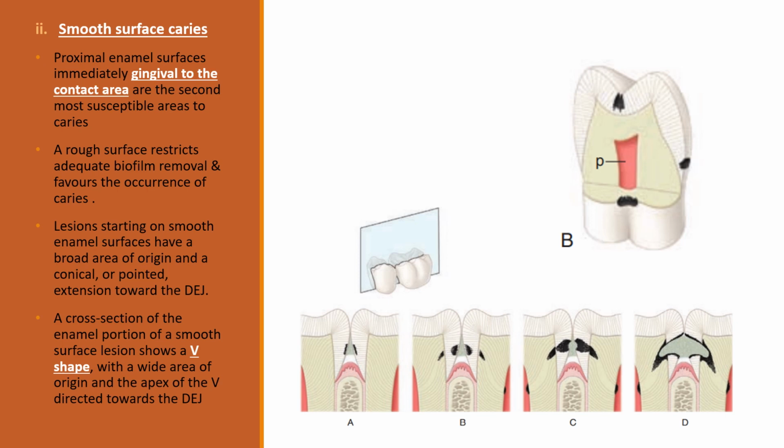On cross section, smooth surface caries has a V shape, whereas pit and fissure caries has an inverted V shape. So for smooth surface caries, it is a V shape with the wide area of origin and the apex of the V directed towards the DEJ.